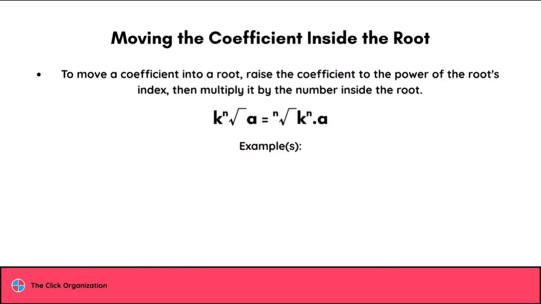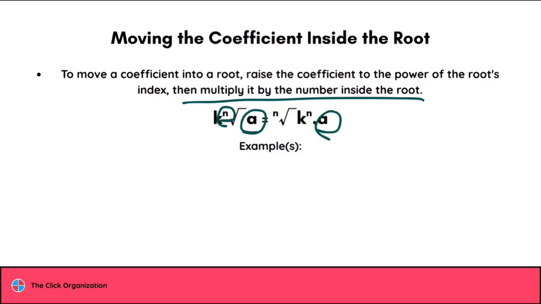Okay, let's go for the fourth rule, moving the coefficient inside the root. To move a coefficient inside a root, raise the coefficient to the power of the root's index, and then multiply it by the number inside the root, which is a in this formula.